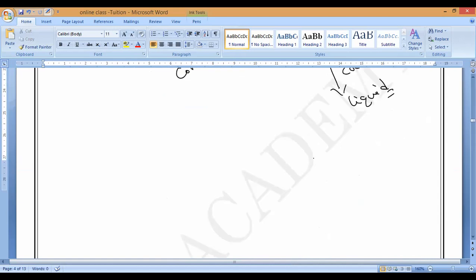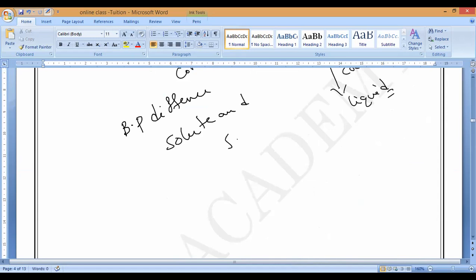Understand, guys? Once you do fractional distillation, you will understand this even more clearly. All of you should remember, the difference between the boiling points of solute and solvent must be more than 25 degrees Celsius.